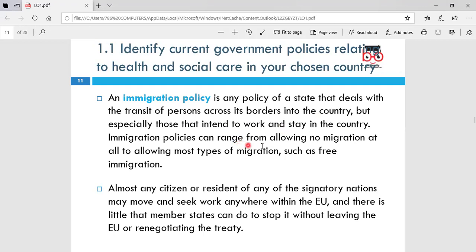So immigration policies can range from allowing no migration at all. There are countries that have zero migration, so zero people are coming into the country, to allowing most types of migration, such as free immigration.